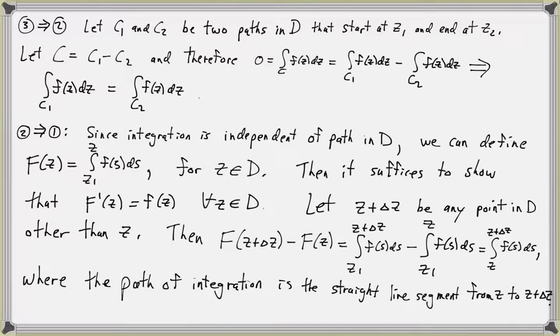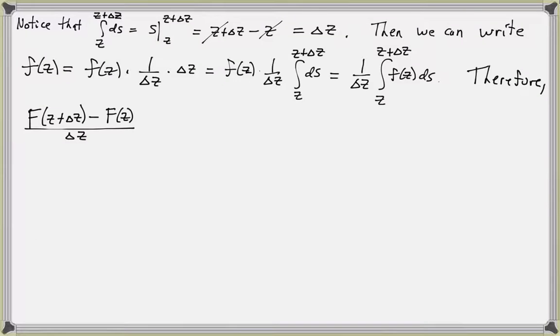Let's remind ourselves of what this quantity equals. We've already established that capital F of z plus delta z minus capital F of z equals the integral on the right. So this difference quotient minus little f of z, and we just rewrote little f of z as an integral.